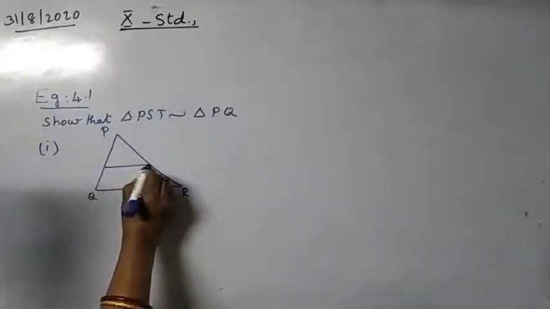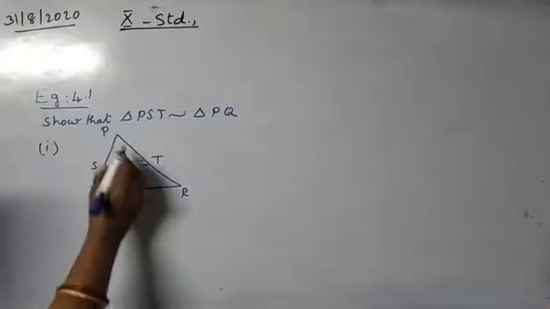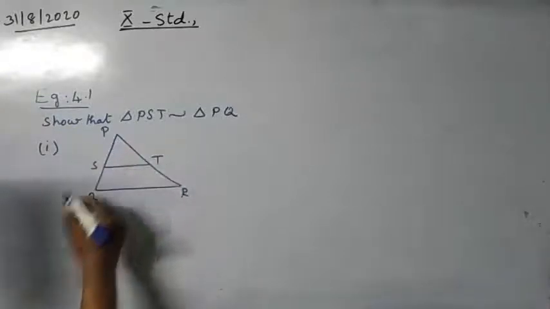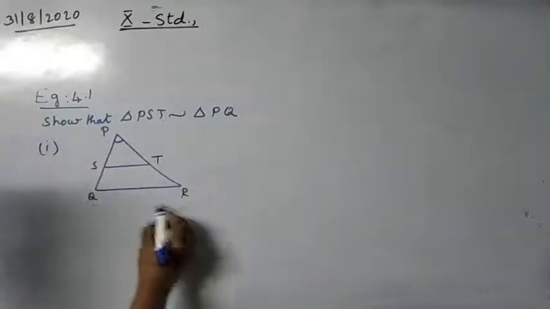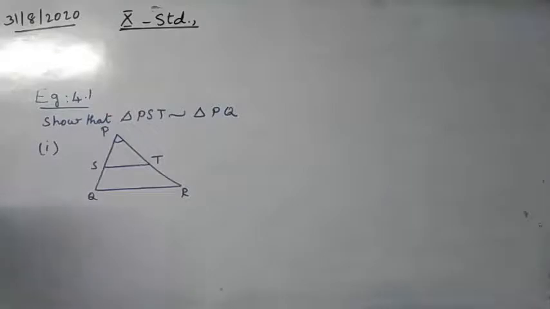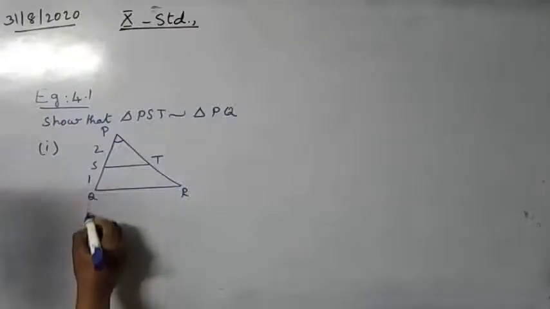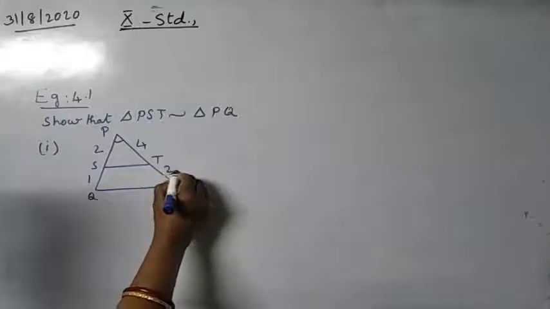Inside that, one more triangle, that is PST. These two triangles have a common angle. Angle P is common for both PST and PQR. The units are PS is 2 units, SQ is 1 unit, PT is 4 units, TR is 2 units.